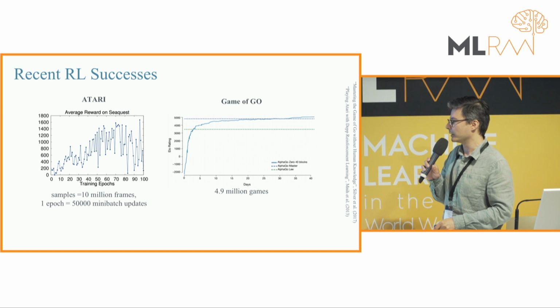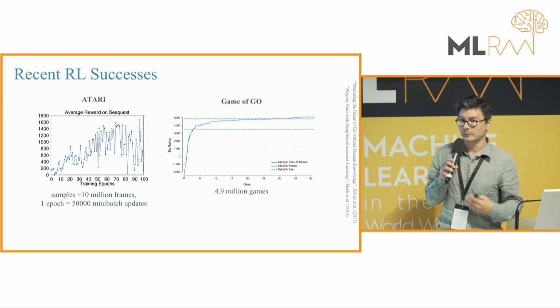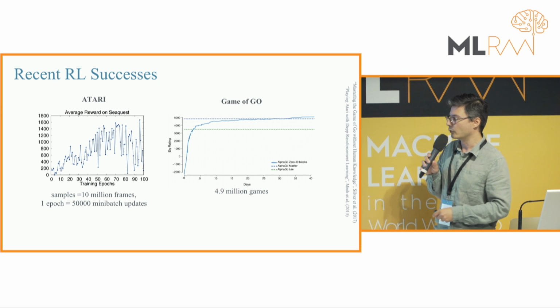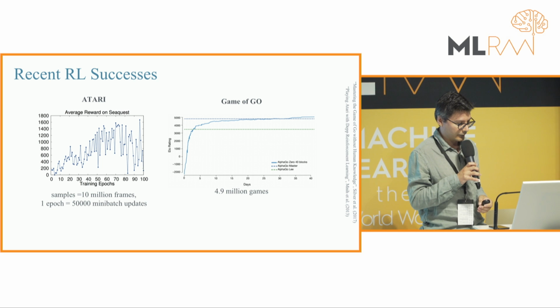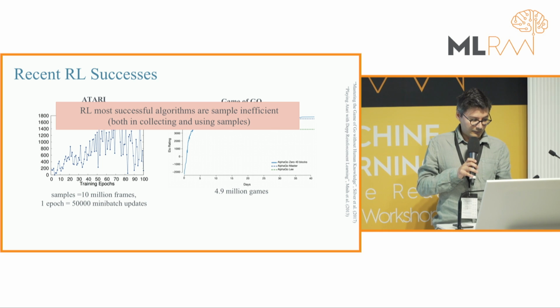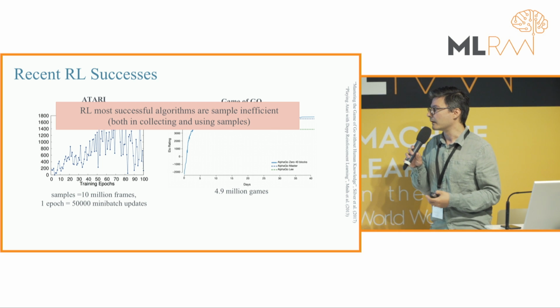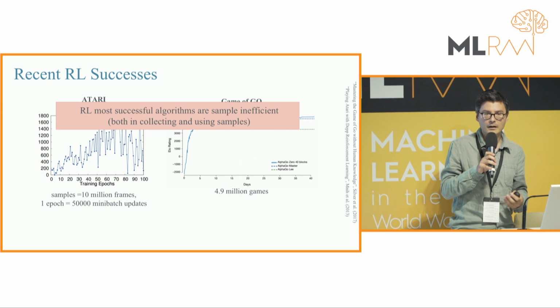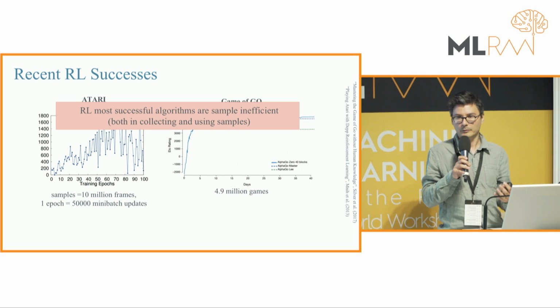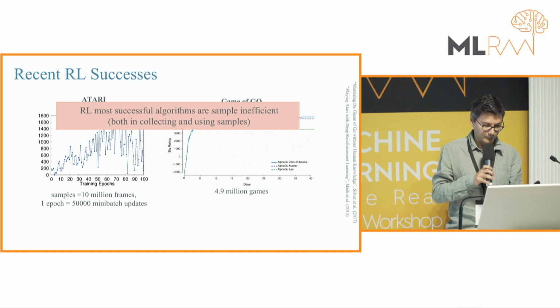In the case of Atari, we are talking about millions of frames, millions of games. In the case of Go, we are talking about 5 million simulated games before reaching satisfactory performance. So the bad news is that RL's most successful algorithms are sample inefficient, in the sense that they really need a lot of samples before getting to a decent performance.